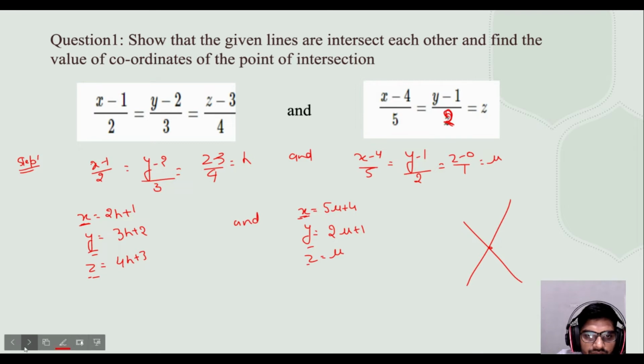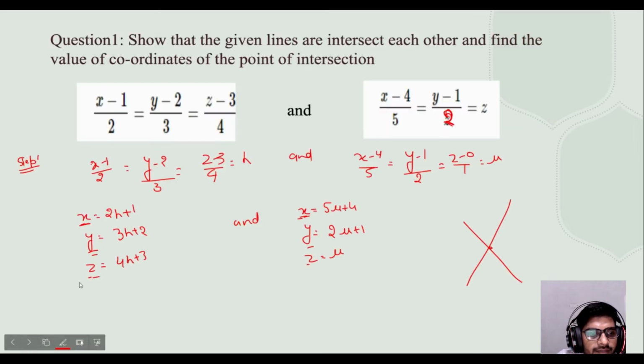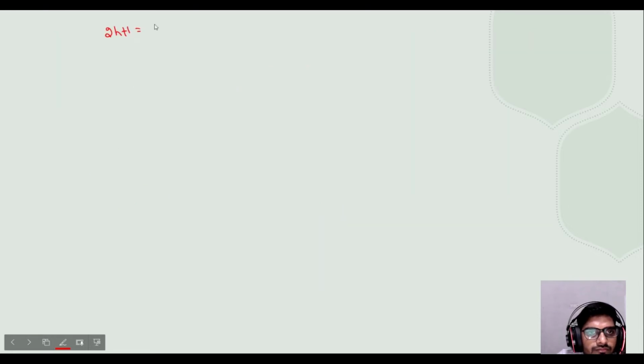So our first equation is 2 lambda plus 1 equals 5 mu plus 4.